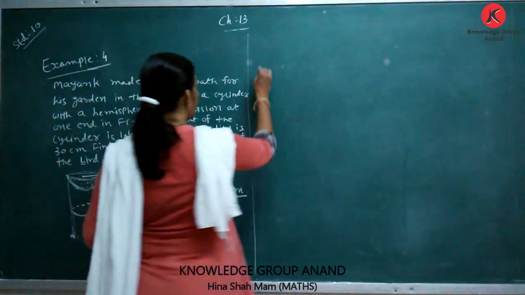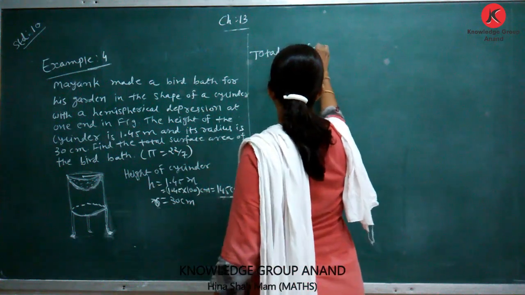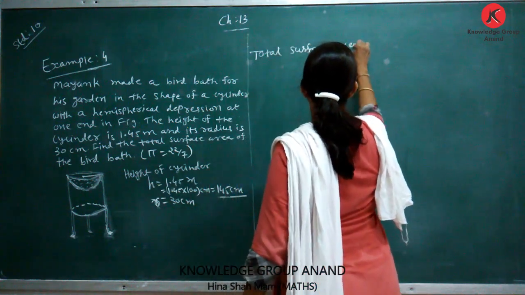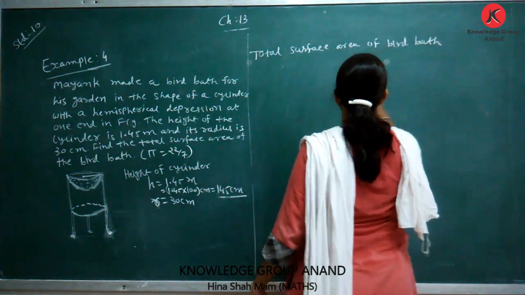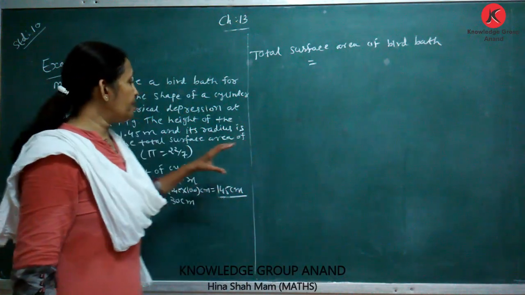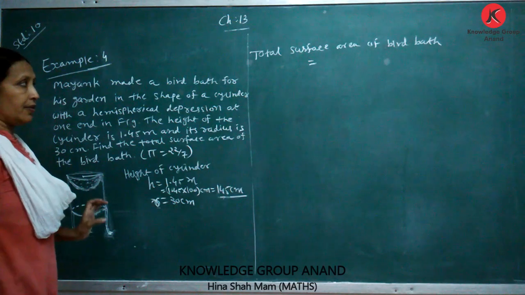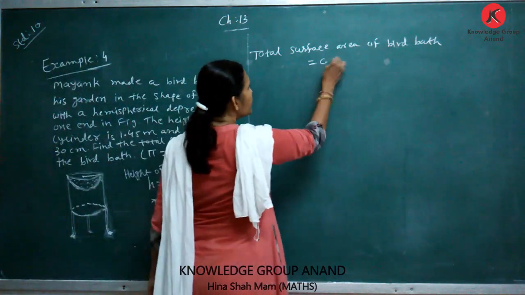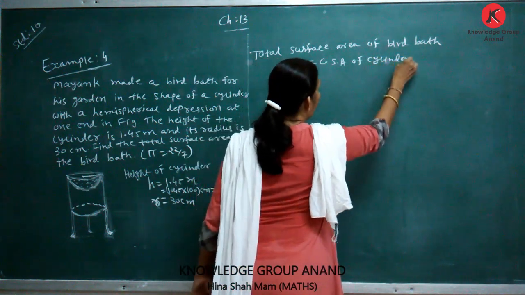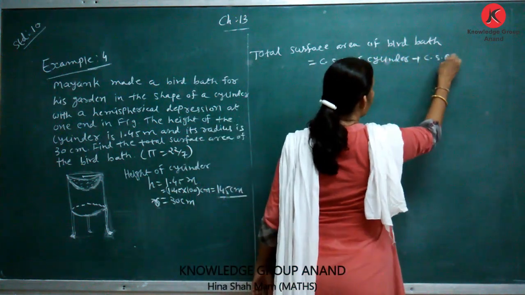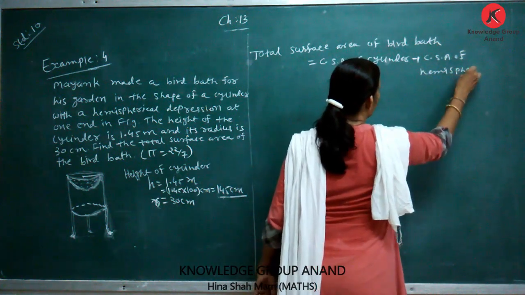Now, the total surface area of the bird bath. Which two solids combine? Cylinder and hemisphere. Therefore, curved surface area of cylinder plus curved surface area of hemisphere.